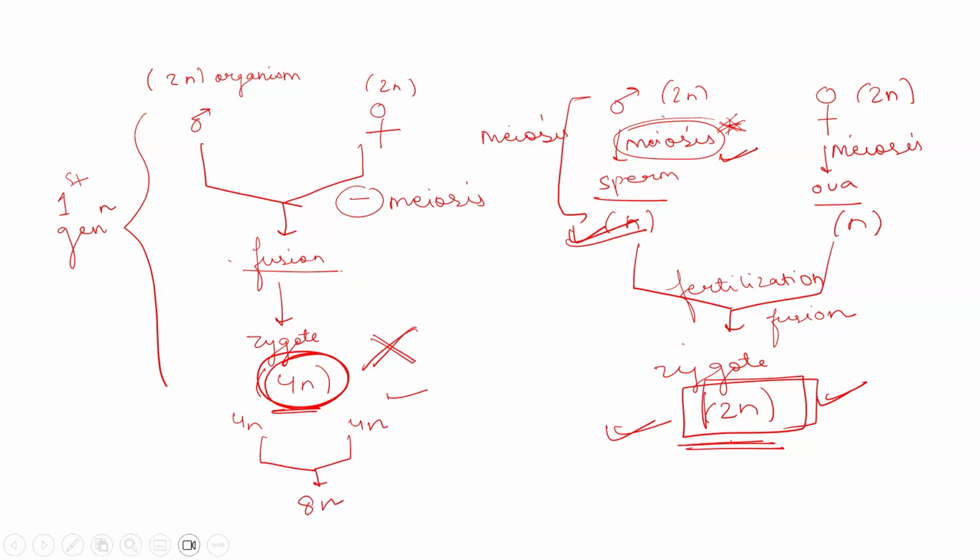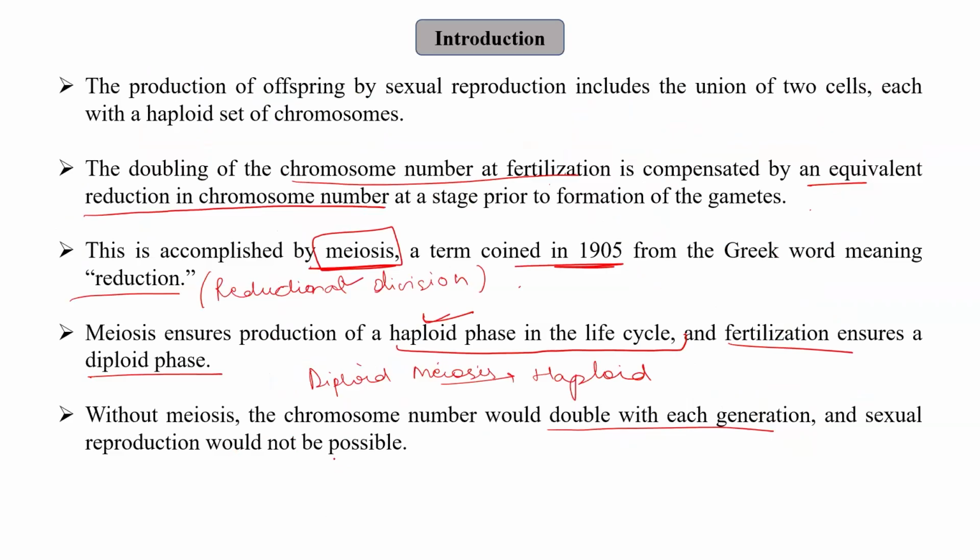Therefore, the chromosome number will keep on increasing with every subsequent generation, and it will be difficult for the organism to maintain its chromosomal state, for example the diploid state. So sexual reproduction would not be possible without meiosis.